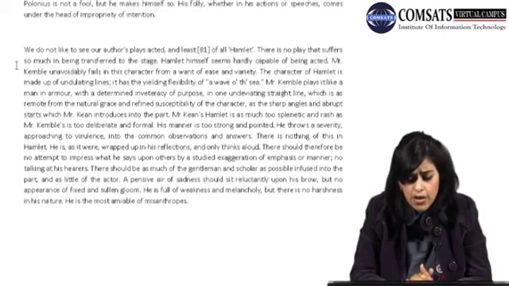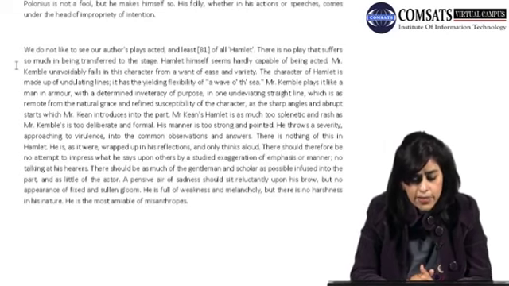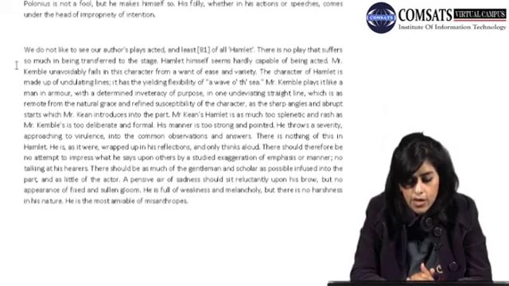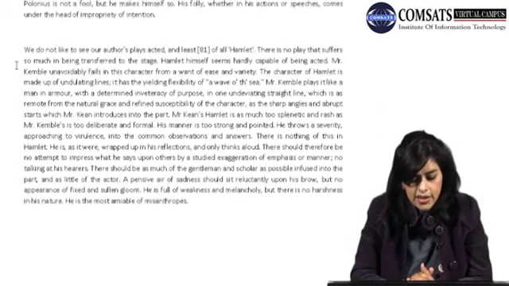His manner is too strong and pointed. He throws a severity approaching petulance into common observations and answers. There is nothing of this in Hamlet. He is, as it were, wrapped up in his reflections and only thinks aloud. There should therefore be no attempt to impress what he says upon others by studied exaggeration of emphasis or manner, no talking at his hearers.